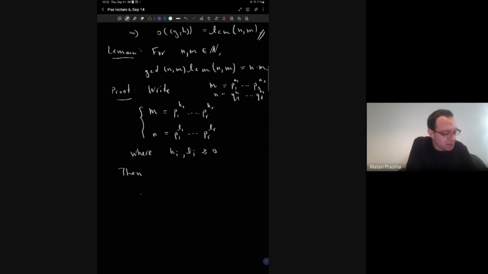That is, GCD of N and M is simply P1 to the maximum of K1, L1, up to PR to the maximum of KR, LR.